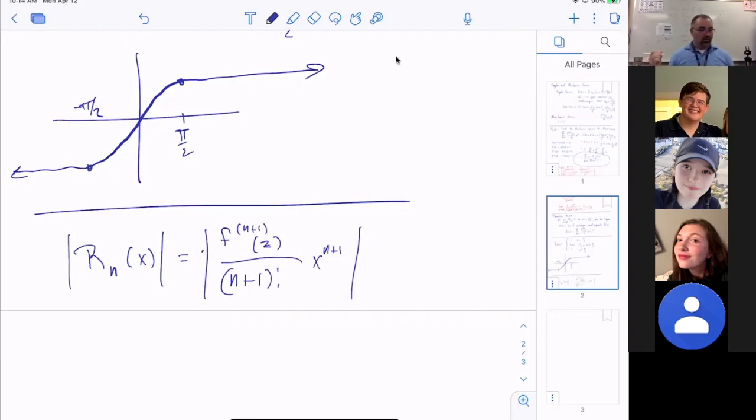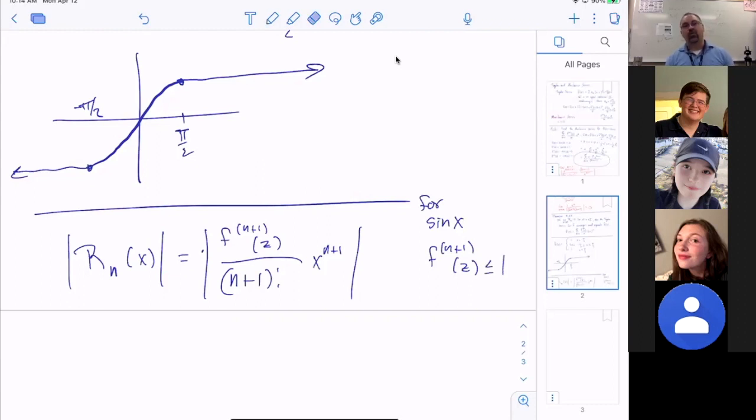So all we have to do is take a look at that and say, well, for sine of x, the n+1 derivative at z is always less than or equal to 1.